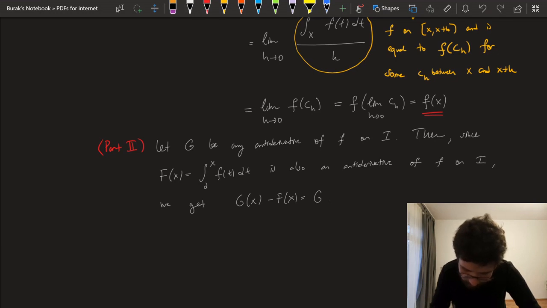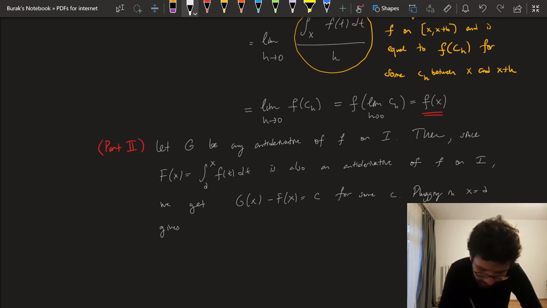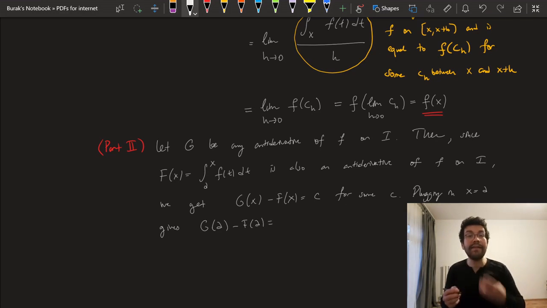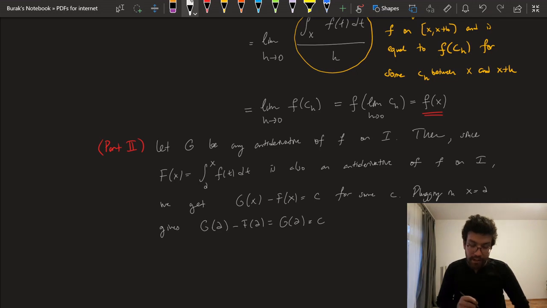Now I'm going to plug in x equals a. When I plug in a, I'm going to get G of a minus F of a equals C, but F of a is equal to 0 because the integral of any function from a to a is 0. So I have that C is G of a.